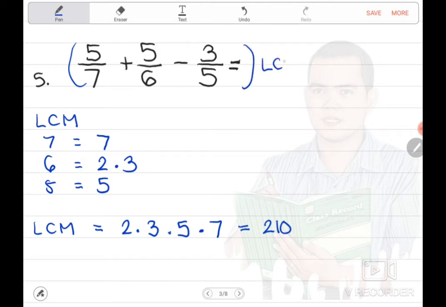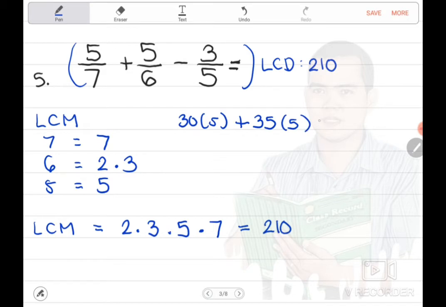So LCD is 210. So 210 divided by 7 is equal to 30 times the numerator, which is 5. Then copy the operation. The operation is plus. So next, LCD 210 divided by 6, that is 35, times the numerator, which is 5.